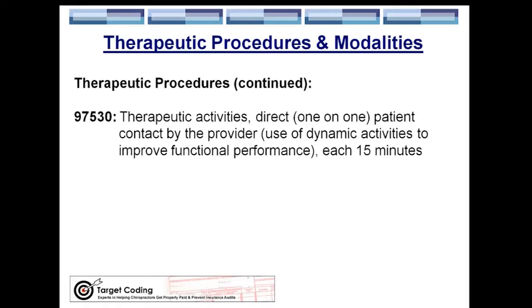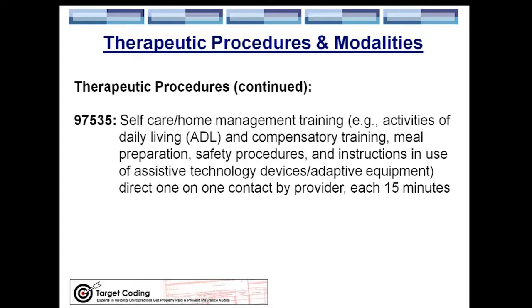Some experts call this the ING code, because it relates to bending, lifting, carrying, reaching. So the activities are directed at a loss or restriction of motion. Example might be, we want to increase flexibility of the patient's quadratus lumborum muscles while activating and stretching the hamstring muscles to improve the patient's capacity for walking and standing.